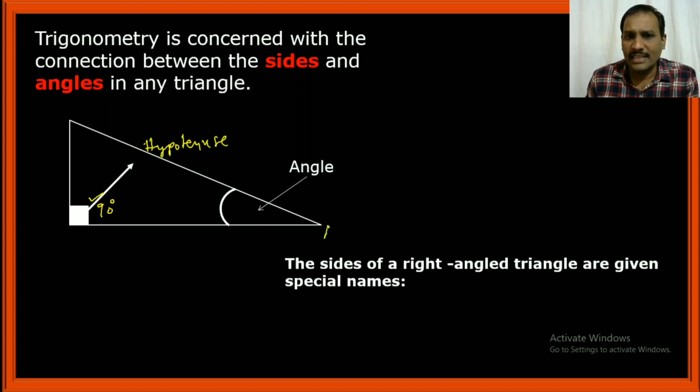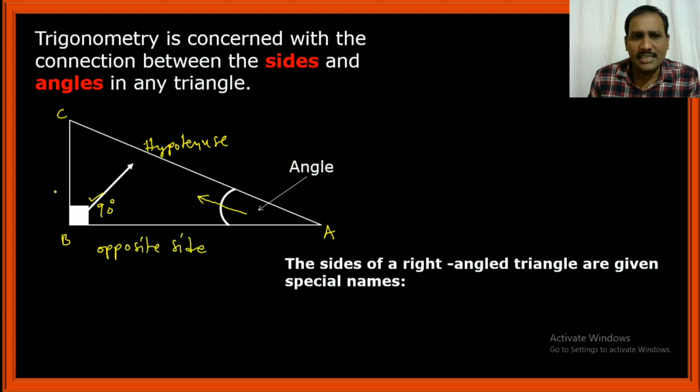If you consider this as triangle ABC, with respect to angle A, the side BC is called the opposite side, and AB is the adjacent side to A.